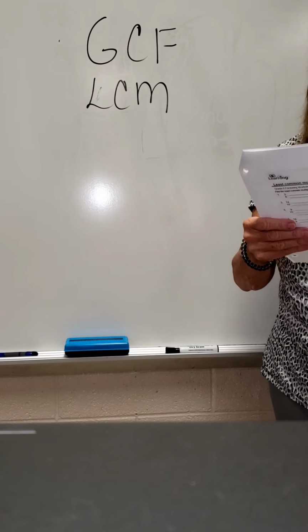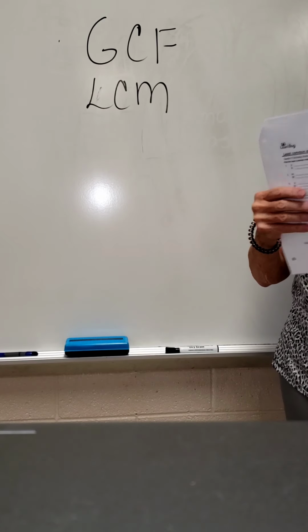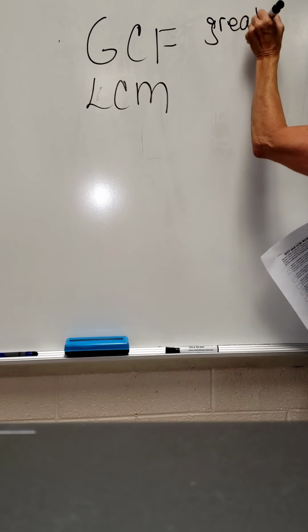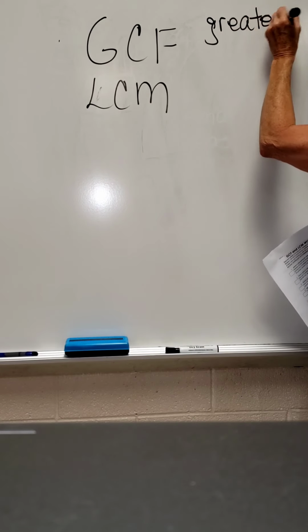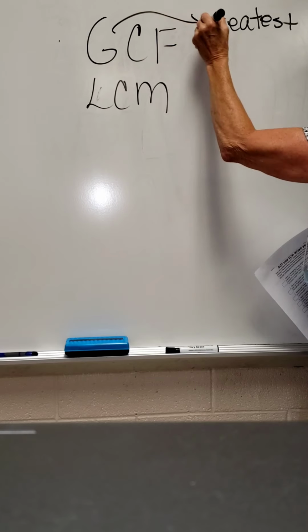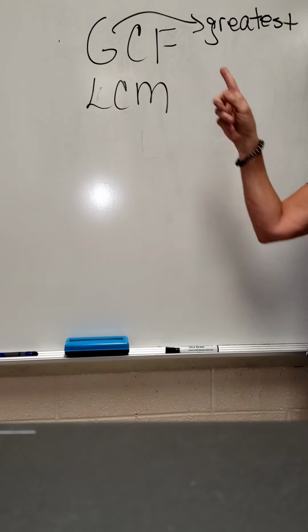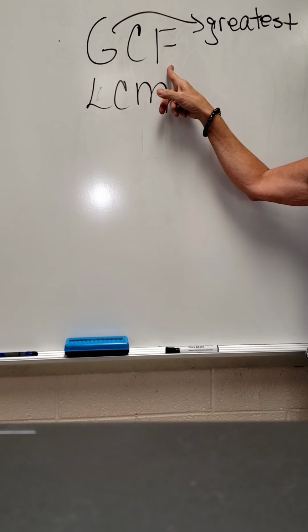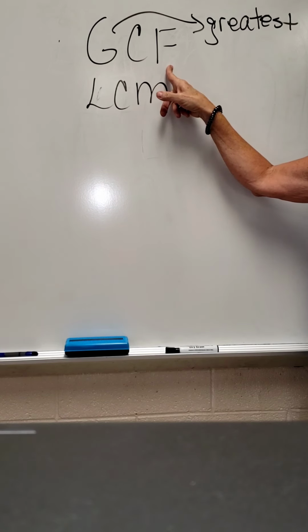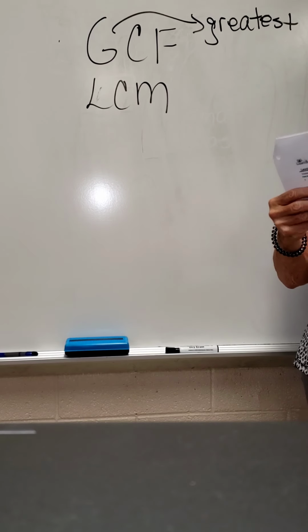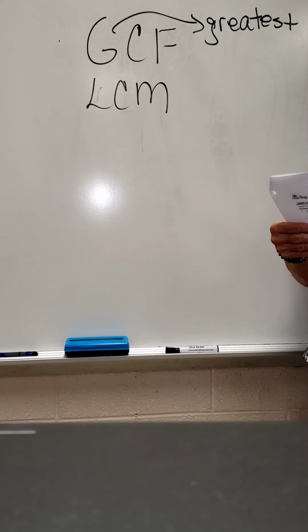The question says, what is the greatest, which is associated with the title for GCF. So number 1, what will I have to do to find the answer? GCF or LCM? GCF. Circle the word greatest in number 1. That's your key word.